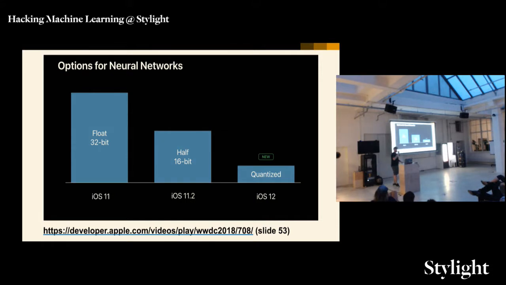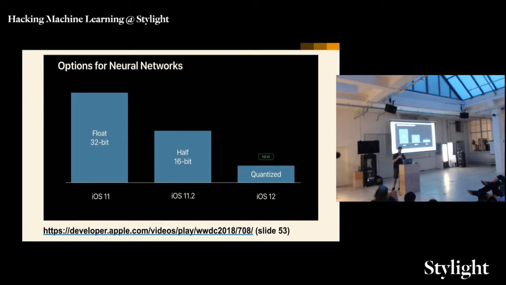Then they reduced the size just by using 16-bit values without losing quality. And with the quantize thing, which Sergey already mentioned, you are now able to shrink down your model. So the weight size gets reduced. You have the possibility to use 8-bit, 4-bit, 3-bit, 2-bit, and 1-bit, for example.